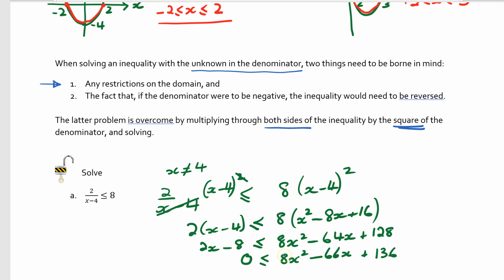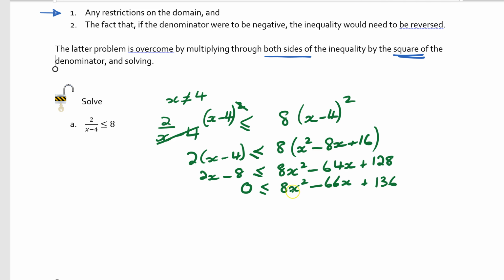But also, I'll shift it across to the left-hand side. So this is like one of the first points that we made up above. So I'm going to take all of this over to the other side, and while I'm doing it, I'll divide by 2. So that will give me 4x squared minus 33x plus 68 is greater than or equal to 0.